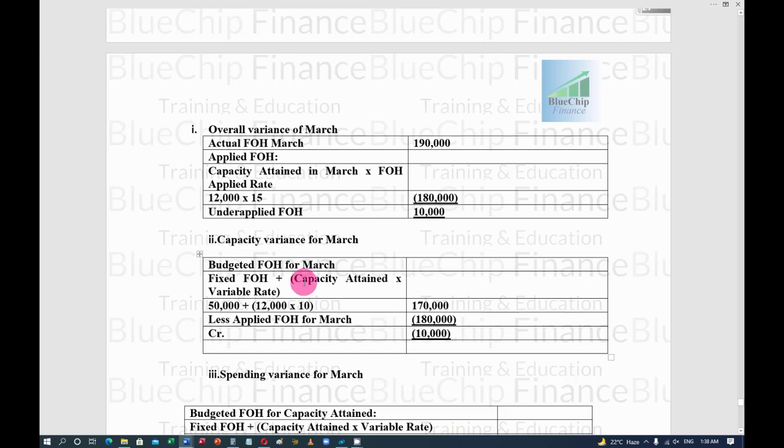Capacity attained for March is 12,000 units, multiplied by the variable rate of 10. So it equals 170,000. So 170,000 less the applied FOH for March. Applied FOH, calculated here, is 180,000. So it is minus 10,000, or we can say credit.